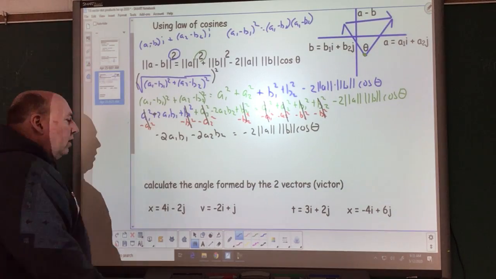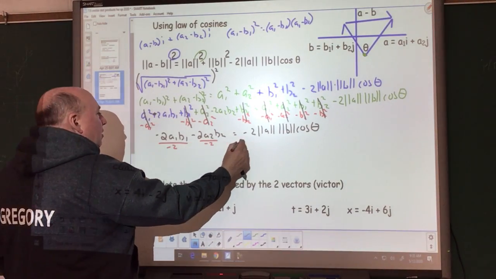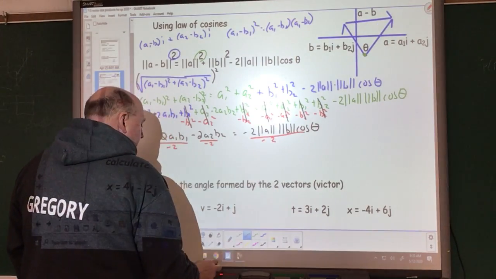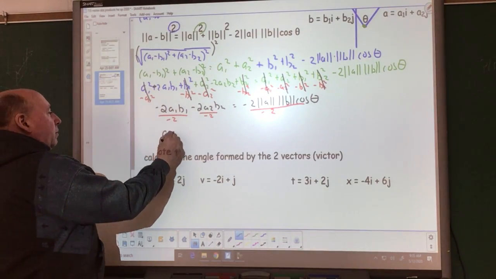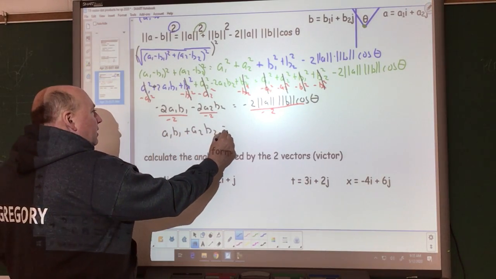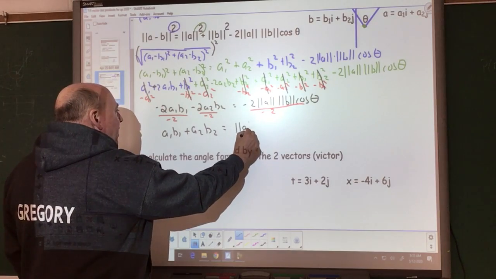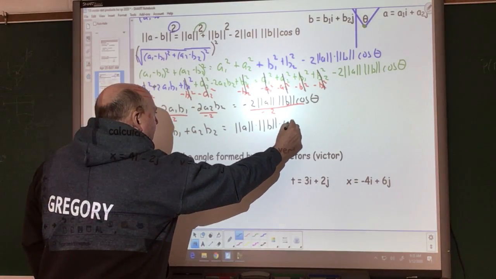The last thing we're going to do is divide everything by negative 2. So what we are left with is A1 B1 plus A2 B2 is equal to the magnitude of A times the magnitude of B times the cosine of theta.